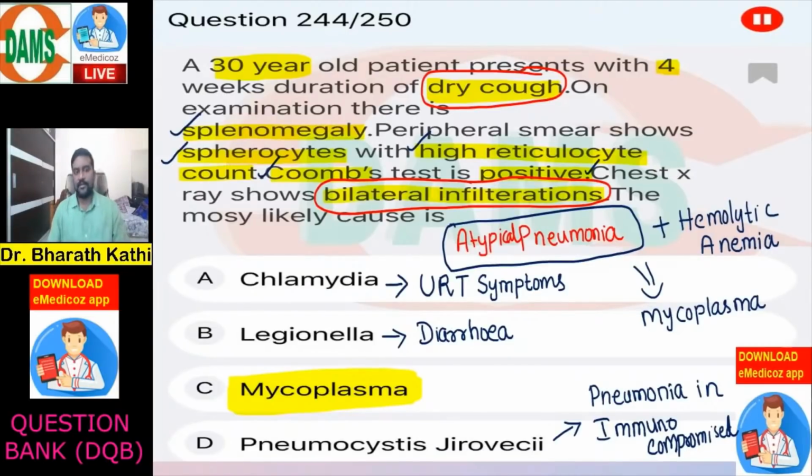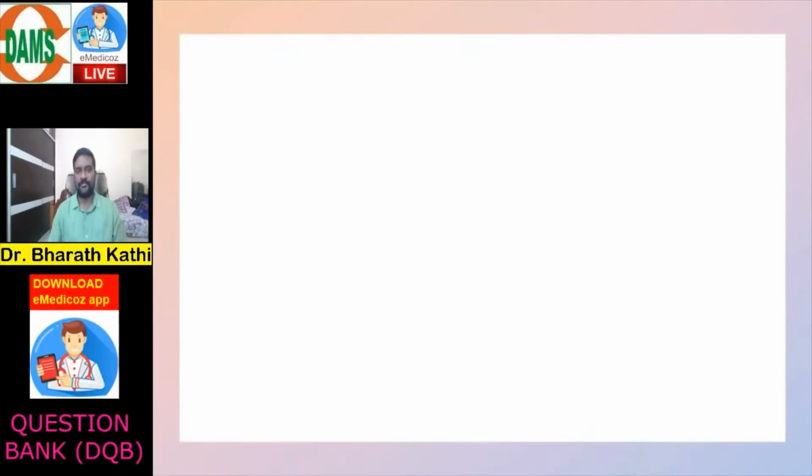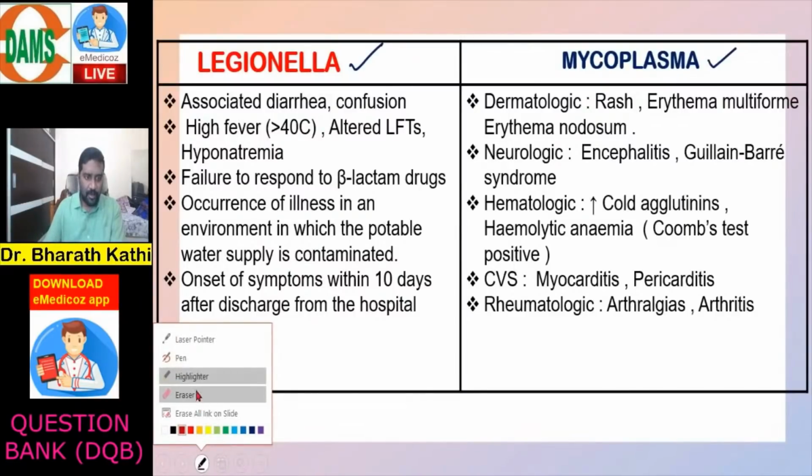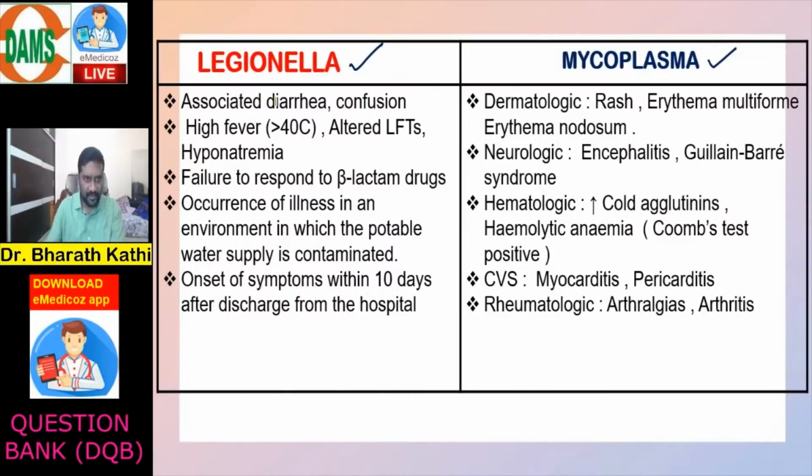Now going into detail, the important features of Legionella and Mycoplasma. Actually, these are not differentiating features, just a list of features of Legionella and a list of features of Mycoplasma for your convenience. In Legionella pneumonia, along with lung involvement, there is GIT involvement, such as diarrhea, CNS involvement, confusion.